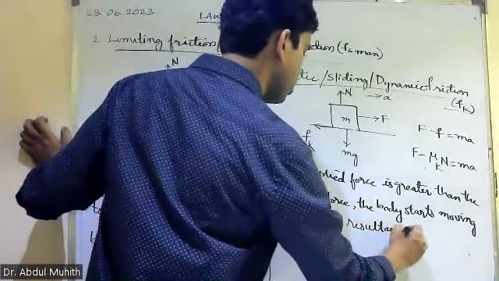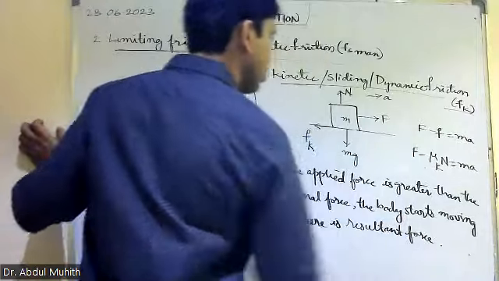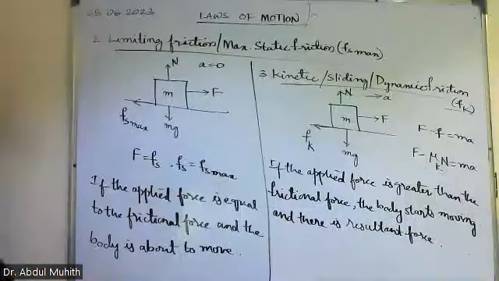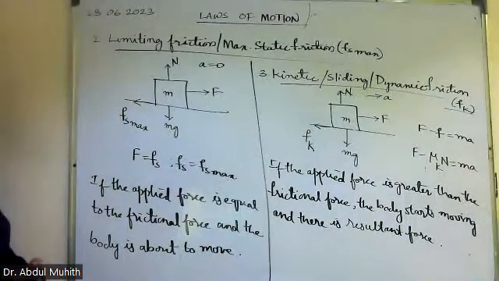So capital F minus small f is equal to ma. There is a resultant force. Clear?